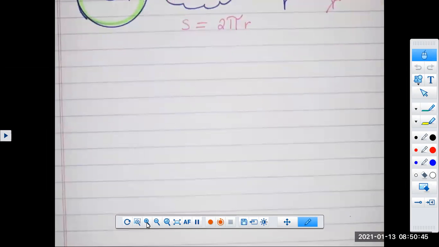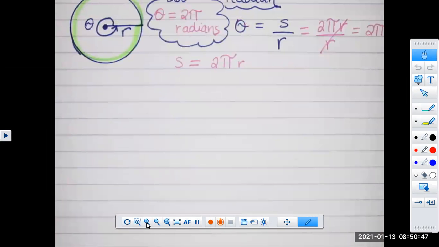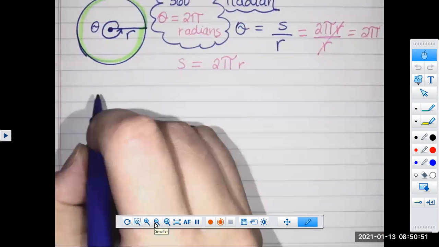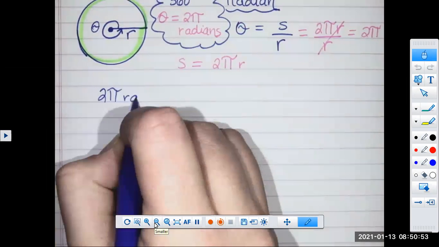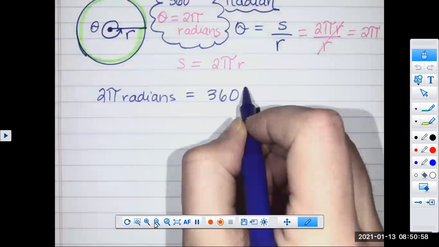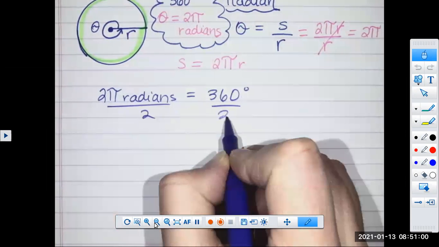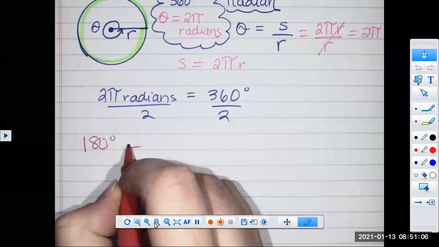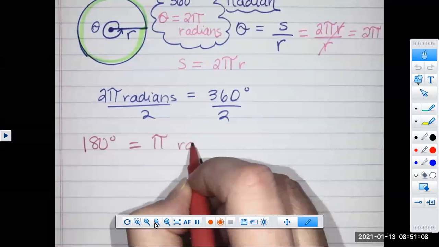That's what they use to convert. They don't use 2 pi radians equals 360, but this is what they do. They divide both of them by 2 to get this conversion factor. 180 degrees equals pi radians.